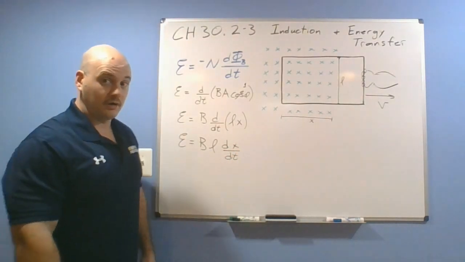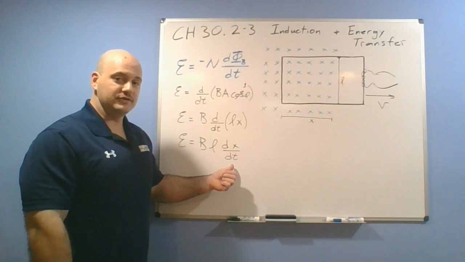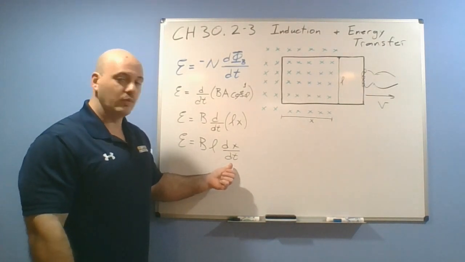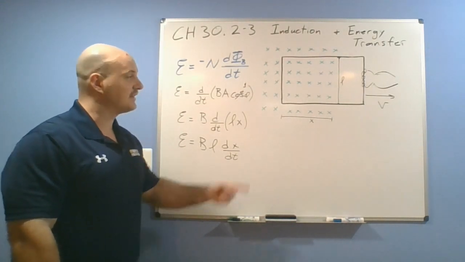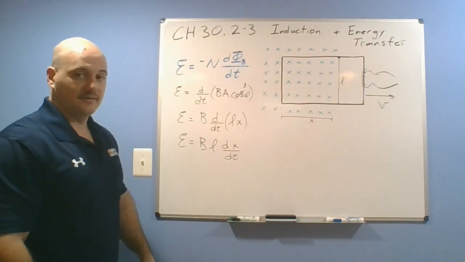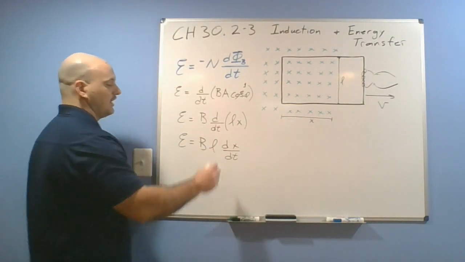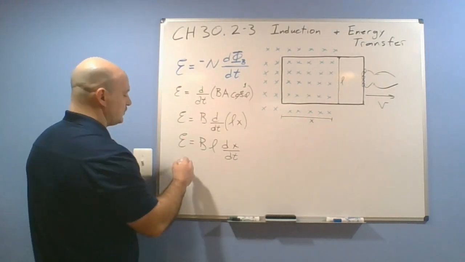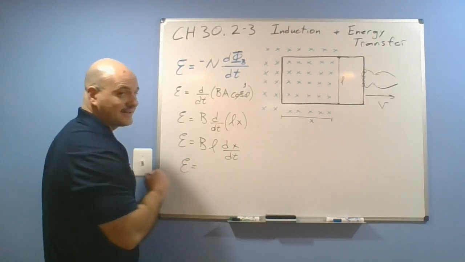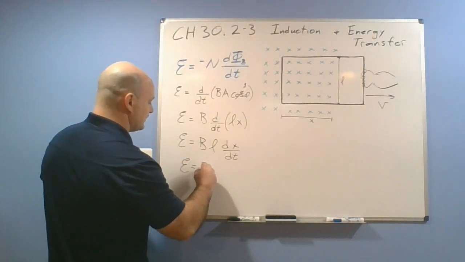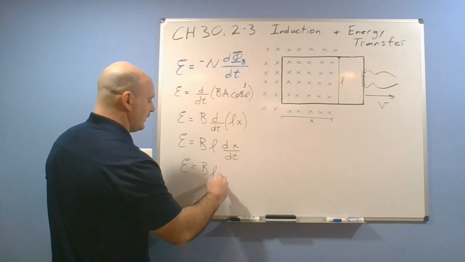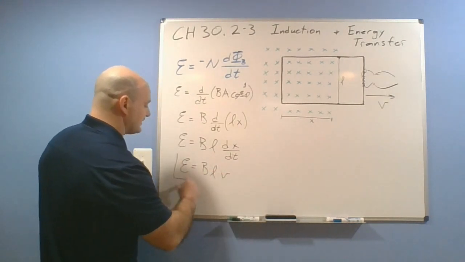Now, if you all recall, the rate of change of position, dx/dt, what is that? Well, that's our velocity, right? Velocity by definition is the rate of change of position. So in this case, we end up with the magnitude of the EMF as the magnitude of the field times the length variable times our velocity, okay?